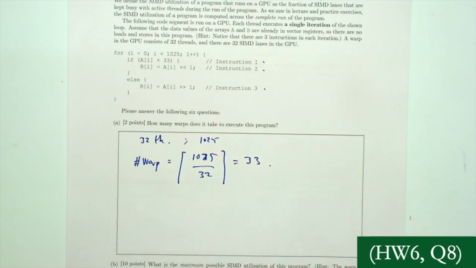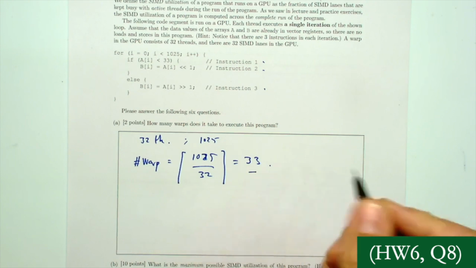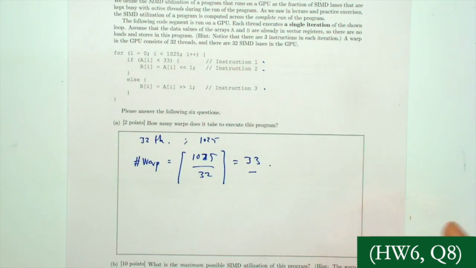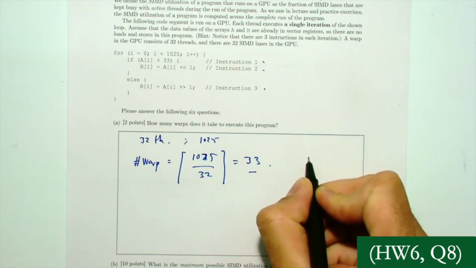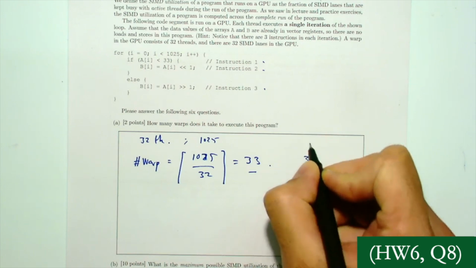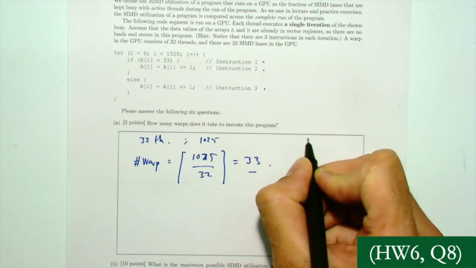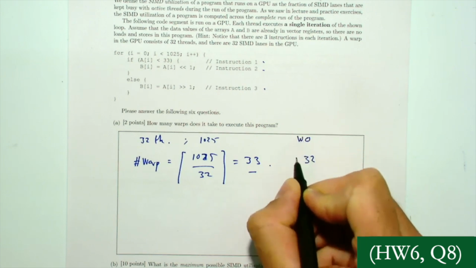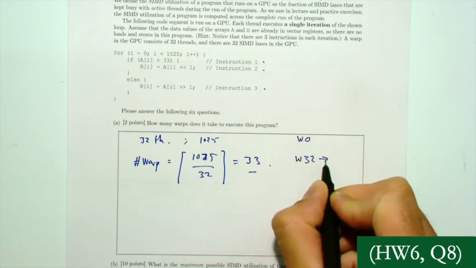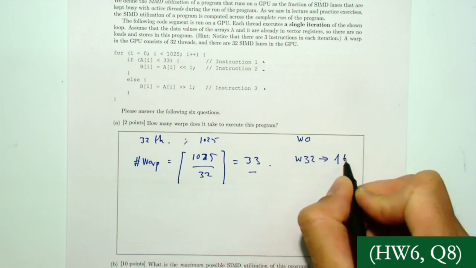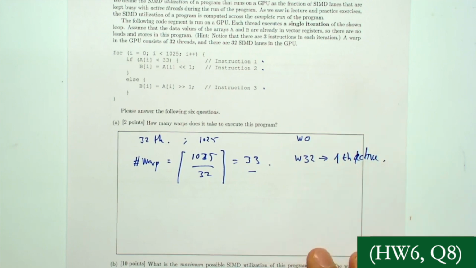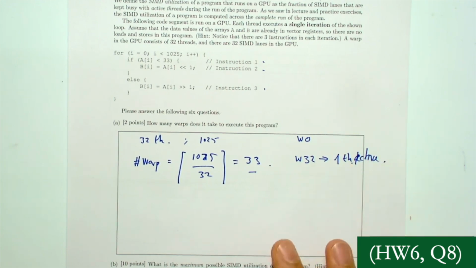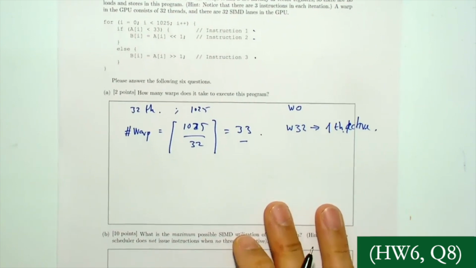The only important thing to keep in mind, in this part of the exercise and in the rest of the exercise, is that in warp number 32, assuming that we start numbering the warps from warp 0, there is only one single thread active. That's important for the rest of the exercise.